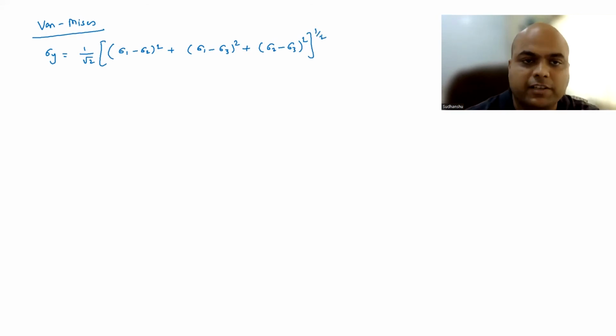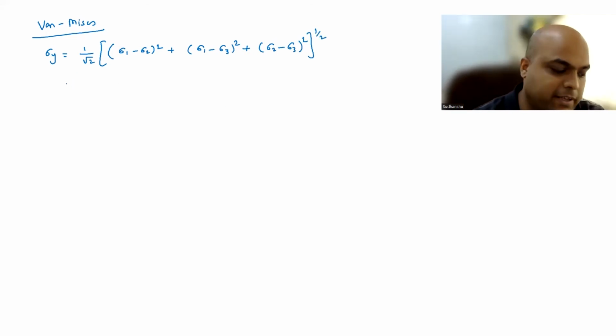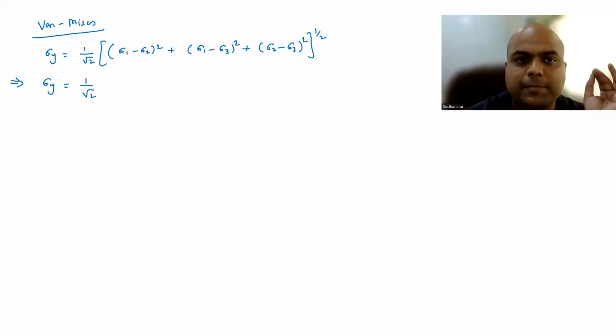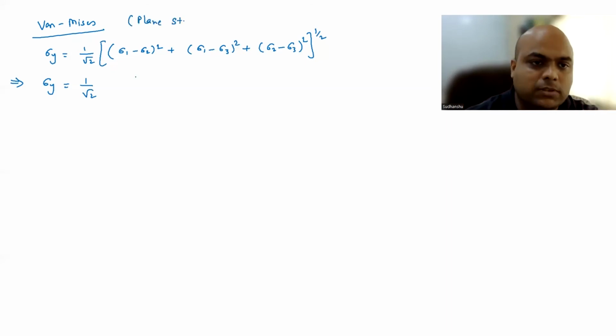We know sigma 1, sigma 2 and sigma 3, so we have to just place those values here. Okay. So we can write this as sigma y, 1 by root 2. And in all the cases, sigma 1, sigma 2 and sigma 3, we have a common factor of K1 by root 2 pi r. So let's take that out.